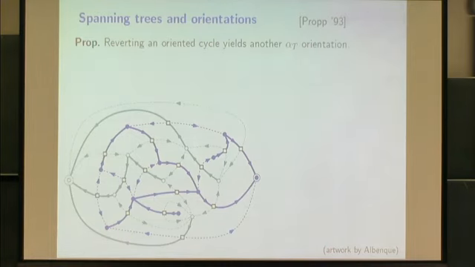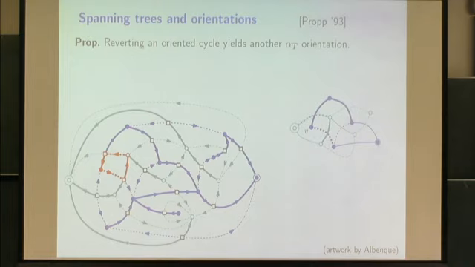And one of the fundamental properties of this orientation is that if you take an oriented cycle in the oriented map and you reverse this cycle, then you get another orientation which satisfies the same constraint. Because if you change the direction of edges along a cycle, then obviously it will not change the out degree of the corresponding vertices. So from an alpha orientation, you get another alpha orientation for the same alpha.